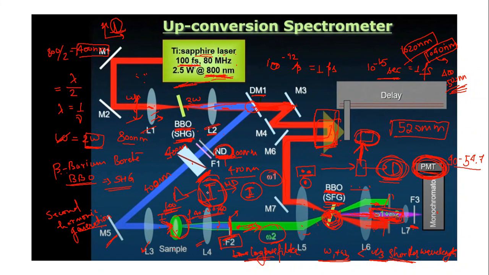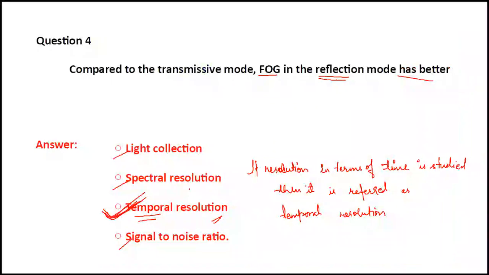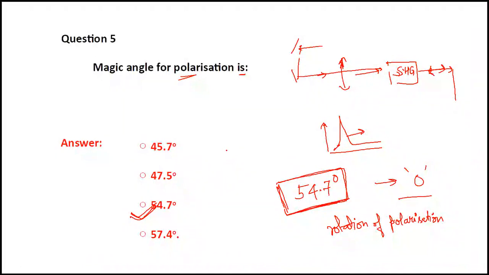If you calculate this, the angle would be 30.3 degrees, I think. Yeah, 90.0 minus 54.7. Wait a second. Sorry, it is not 30.3, it is 35.3.